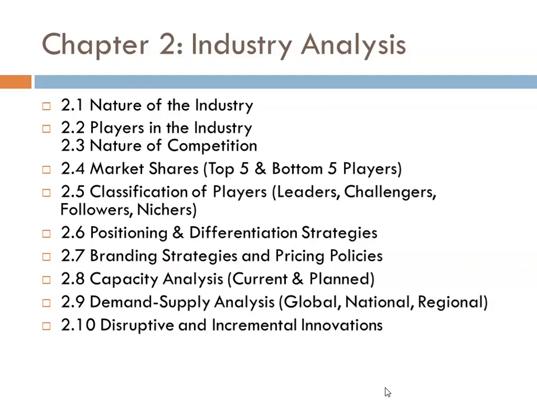Then followers, like small companies, they just follow the market trends or industry trends. Or market nichers, the companies catering to a specific market segment only. Like if you just see luxury electric vehicles, then Tesla is the only niche player. So you have to identify the market players and list them down, again half to one page.